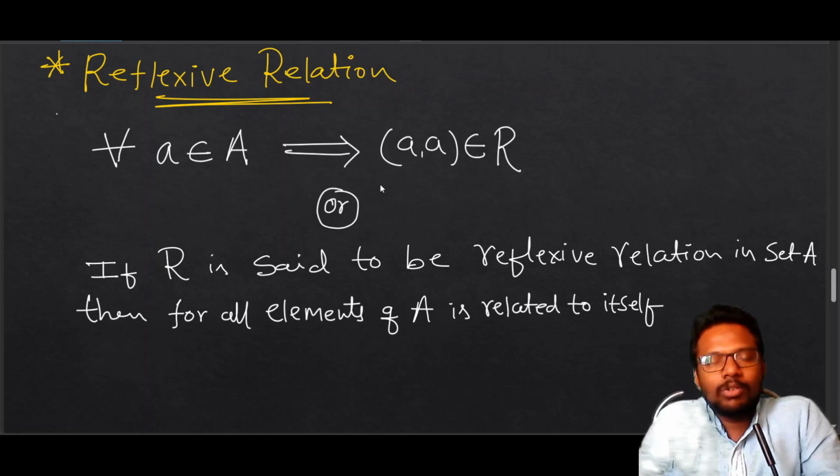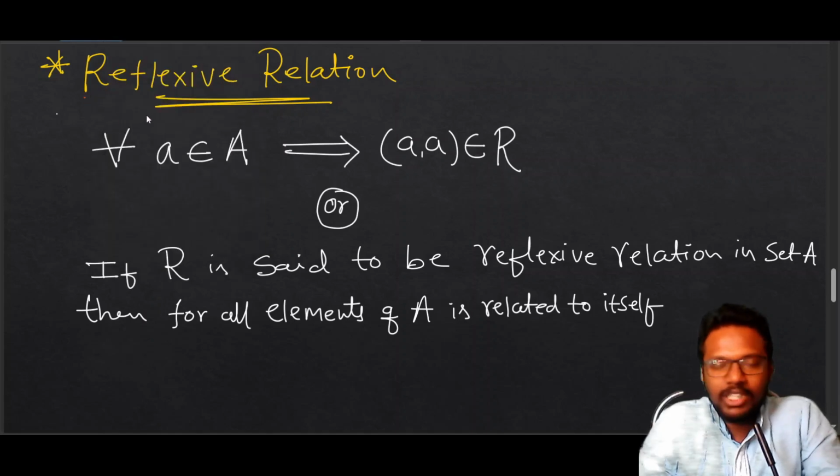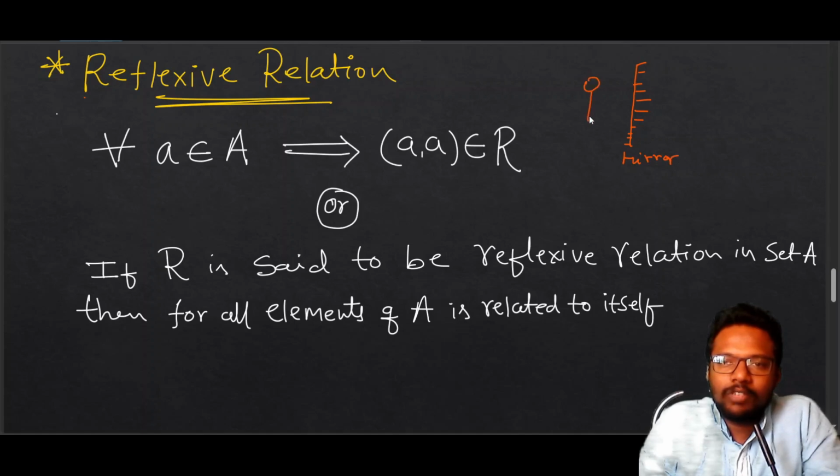In this video I am going to explain the definition of reflexive relation, and let us see some examples. The word reflexive comes from the word reflection. If I consider this part as a mirror, and one person is standing in front of a mirror, his reflection will be in the mirror.